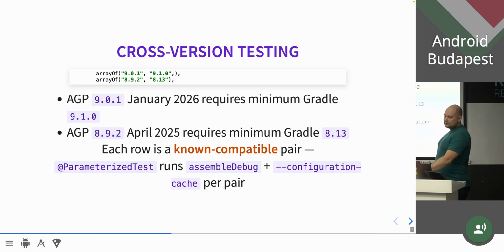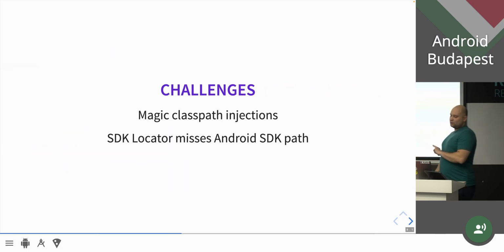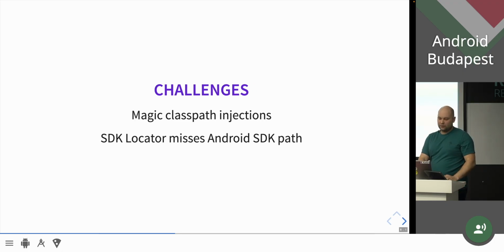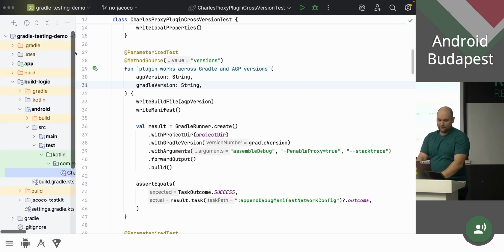Plus, as an extra, to be a good citizen of the plugin community, you would need to support extra features, and the latest known feature is the configuration cache that allows speeding up the startup of Gradle. So we will also discuss two major challenges, but now that we have a high-level perspective, I will jump back to the source code and showcase the things I've been speaking about so far.